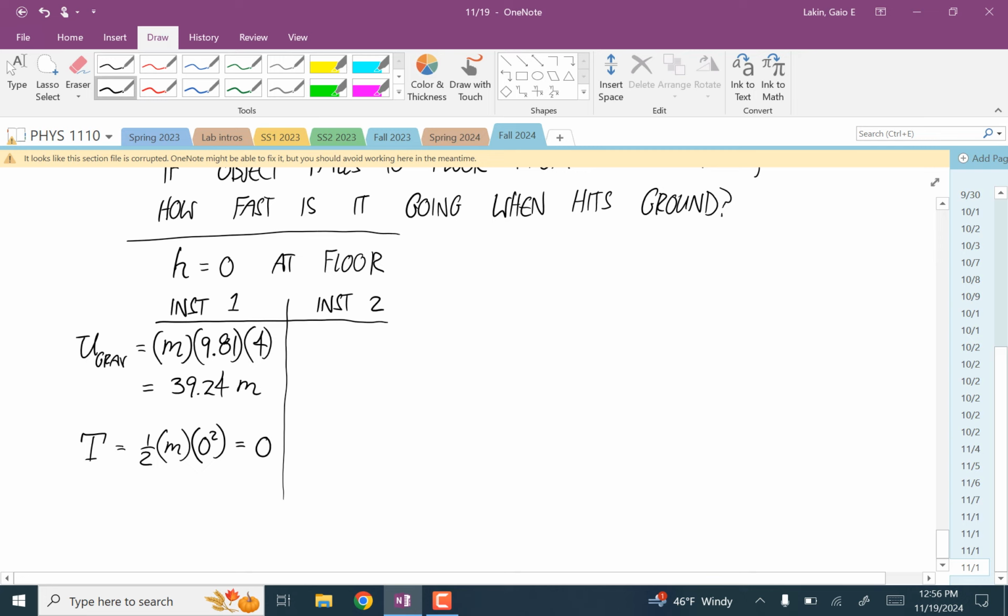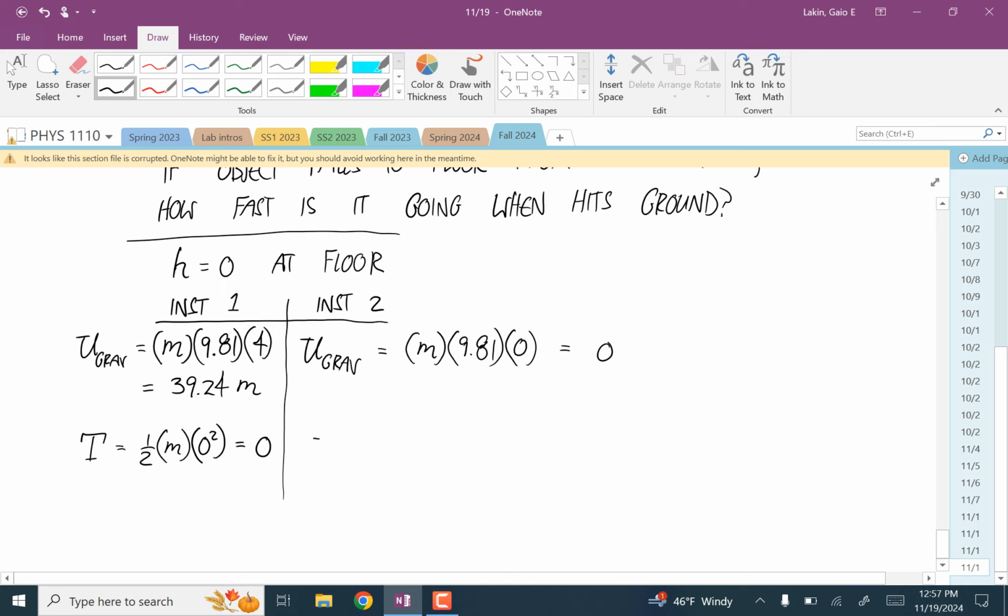And then instant 2, where it's just about to hit the ground, the gravitational potential energy is the mass times 9.81 times a height of 0. So this is just equal to 0 at the later instant.